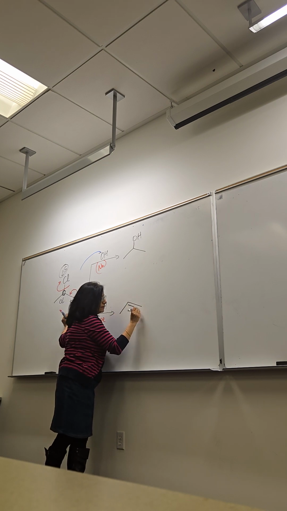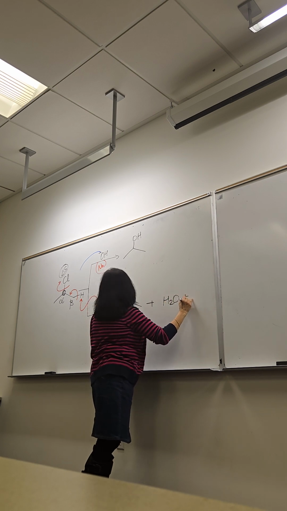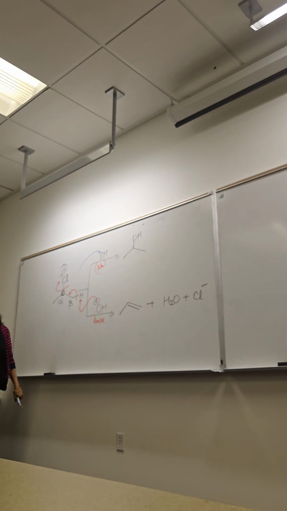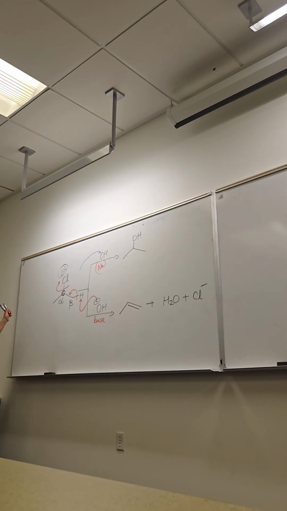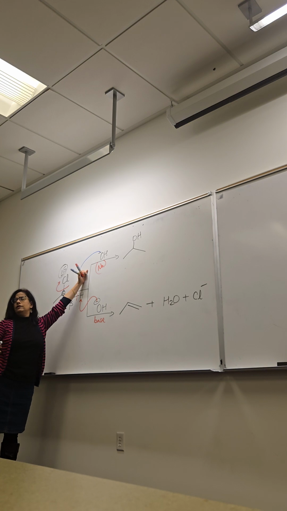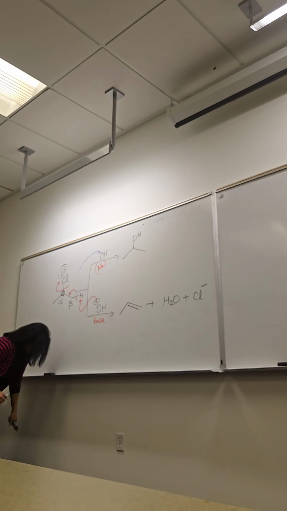A pi bond. And what else? The byproduct. Is that right? Everybody? Yeah? What kind of reaction is that? So the first was substitution, nucleophilic substitution. What is this? Elimination. Elimination reaction.